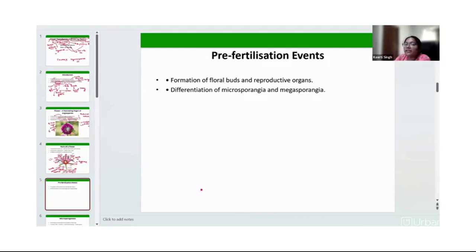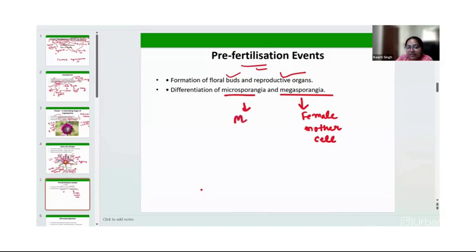So some of the pre-fertilization events include the formation of floral buds and reproductive organs, obviously, and differentiation of microsporangia and megasporangia. See, this is the female mother cell, and this is the male mother cell.